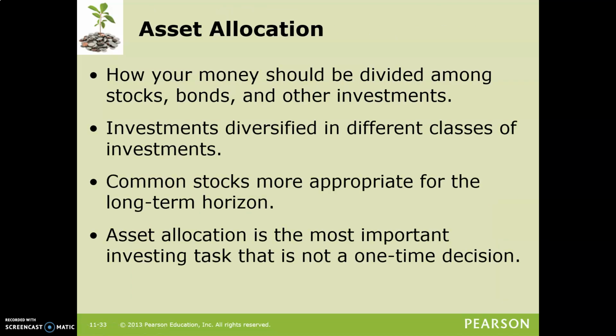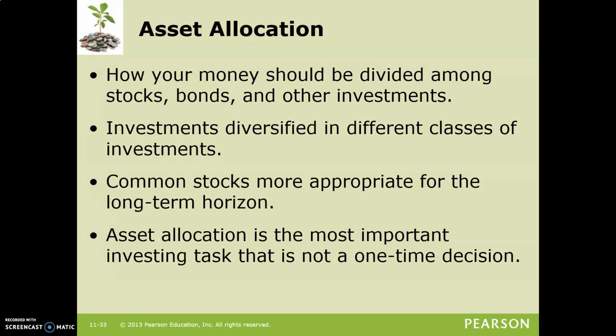Alright, we move to asset allocation. How your money should be divided among stocks, bonds, and other investments. So investment diversified in different classes of investment. Common stocks are more appropriate for long-term investment. Asset allocation is the most important investment task that is not a one-time decision.